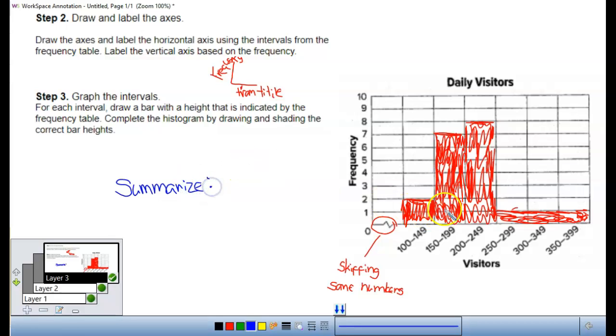One summarize or analyze statement we could make is most days have between, I'm going to just take both these intervals, 150 to 249 people.